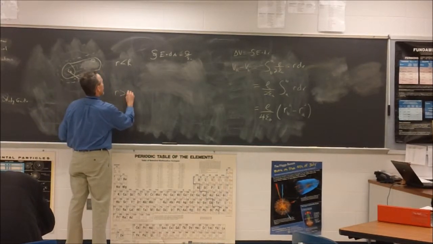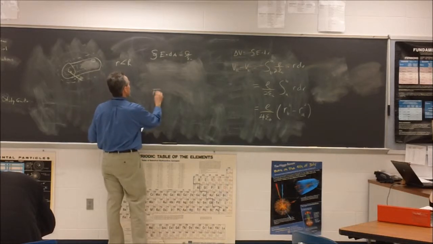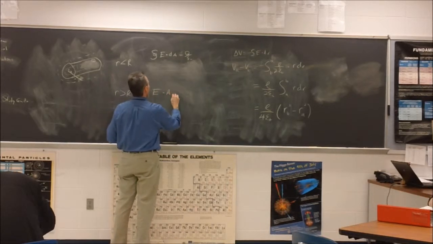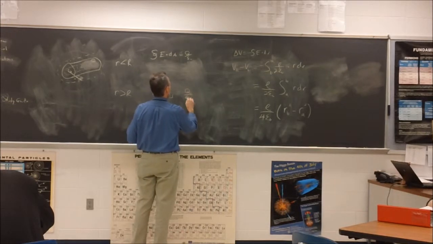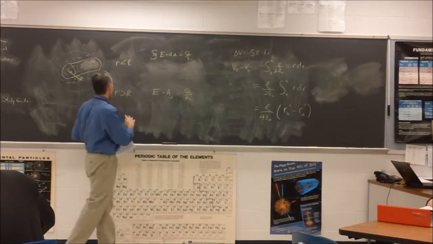So R greater than R. This is going to be E times the area of the Gaussian equals Q enclosed over epsilon naught.